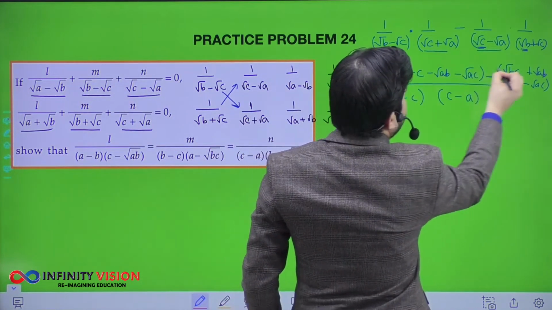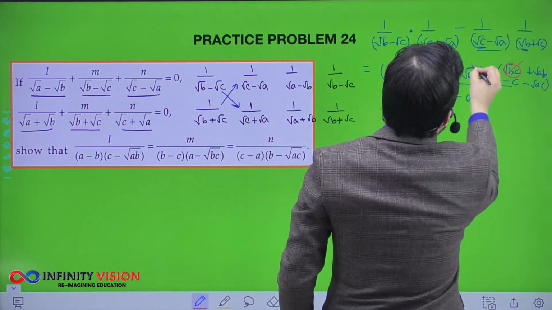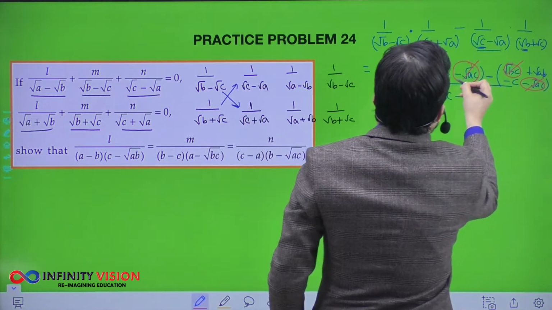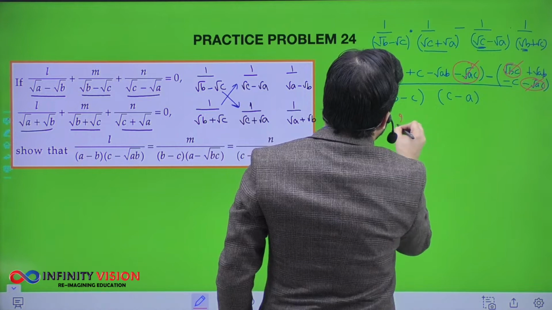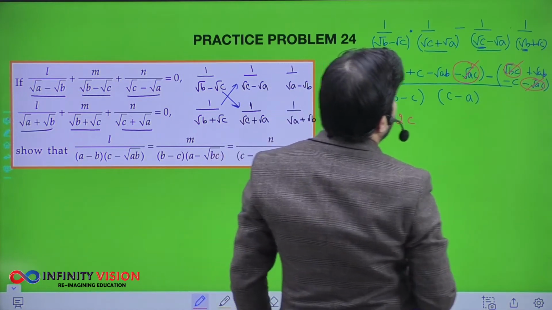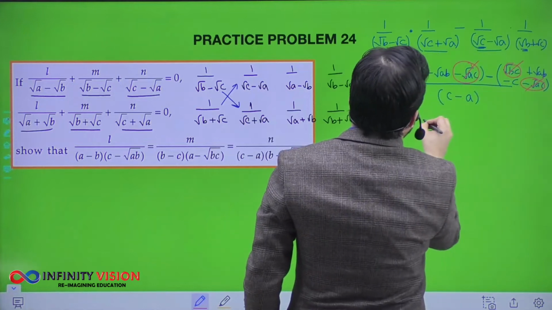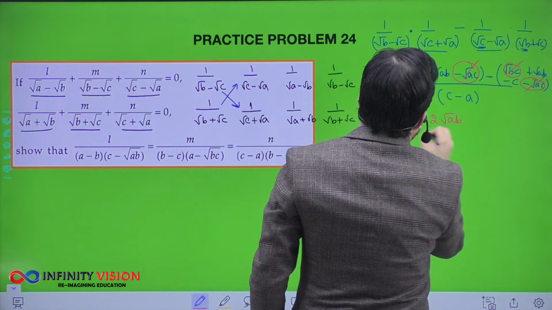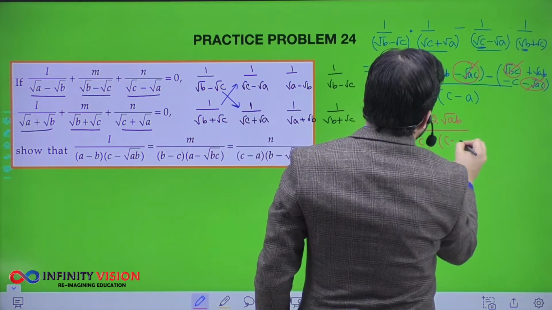Root bc will cancel this root bc out. Minus root ac and minus root ac will cancel these two out. C minus c will make it 2c. And minus root ab will make it minus 2 root ab, upon b minus c into c minus a.